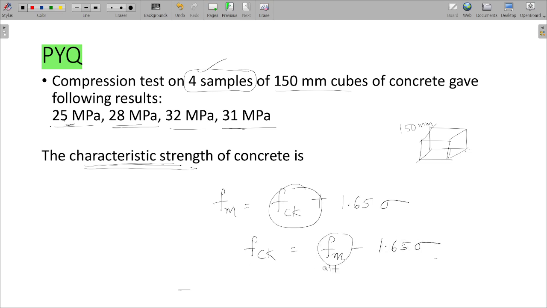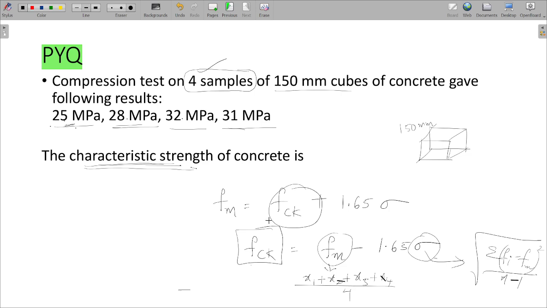Fm is the average of the individual strengths of the cubes, 25, 28, 32, 31, divided by 4, minus sigma. We have already seen the formula: root of summation of Fi minus Fm whole square by n minus 1. After substituting this, we will get the Fck value.